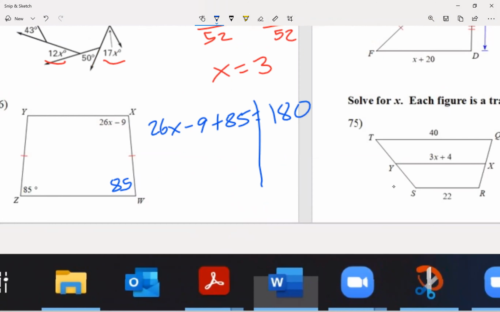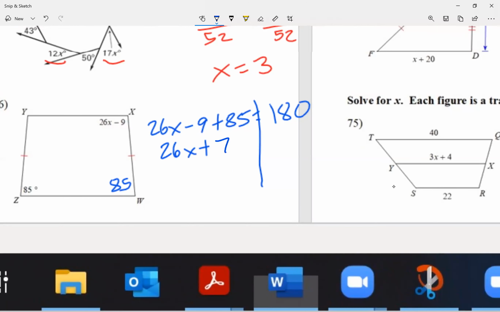On the left side, I can combine some of it. So let me just say 26x plus 76. Right, the negative 9 plus 85, that's 76. And I know this is equal to 180. I want the 26x by itself, so this plus 76, let me move it to the other side as a minus 76.